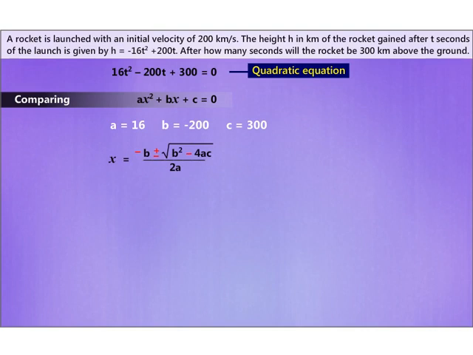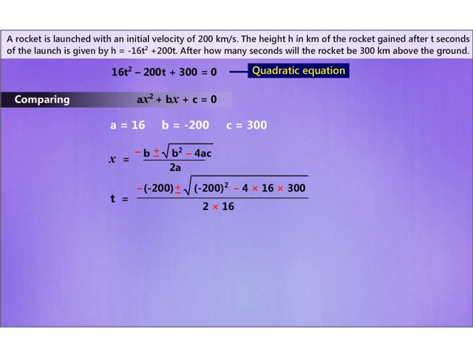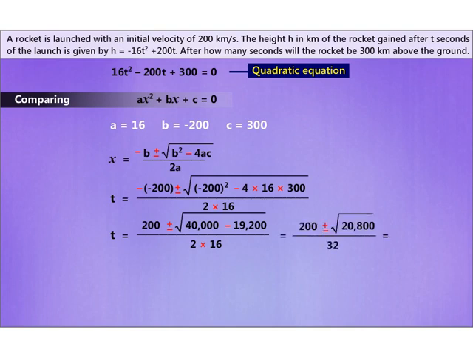Substituting the values of the coefficients and simplifying, we get t is equal to minus of minus 200 plus or minus root minus 200 whole square minus 4 into 16 into 300 whole divided by 2 into 16. t is equal to 200 plus or minus root 40,000 minus 19,200 whole divided by 2 into 16. That is equal to 200 plus or minus root 20,800 divided by 32.